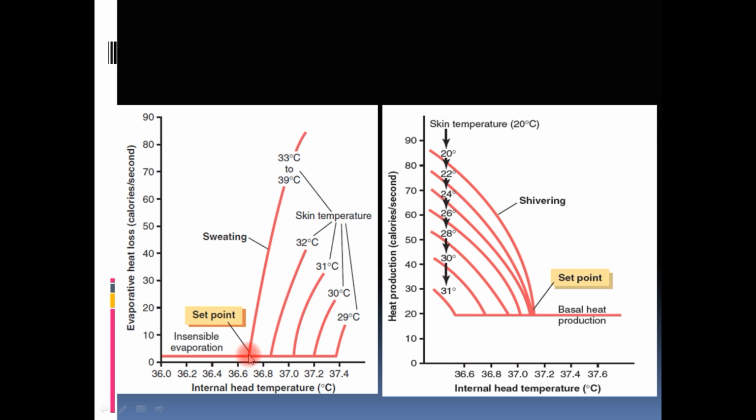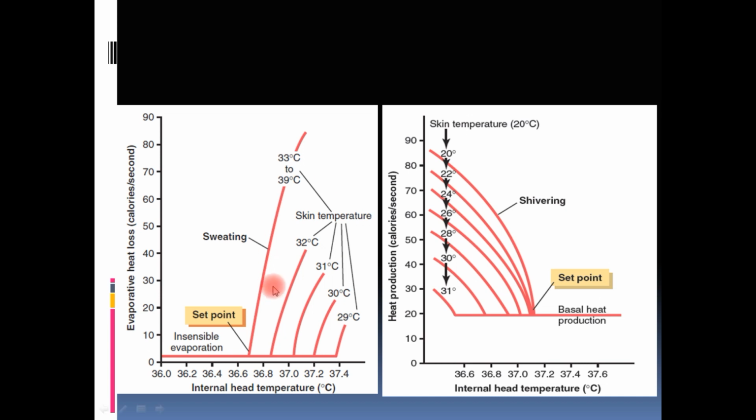As the skin temperature is decreasing, as you can see here, the set point temperature is increasing, because if the environmental temperature is decreasing and the skin temperature is decreasing, the set point temperature will go to a higher temperature, to keep the body warm and maintain the internal body temperature.